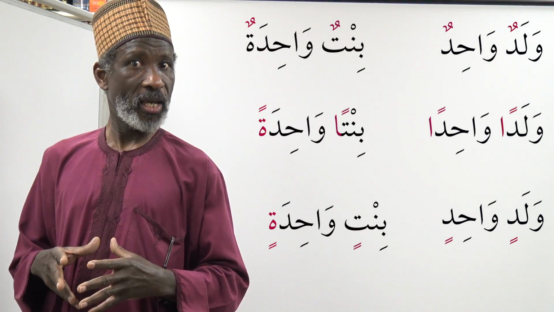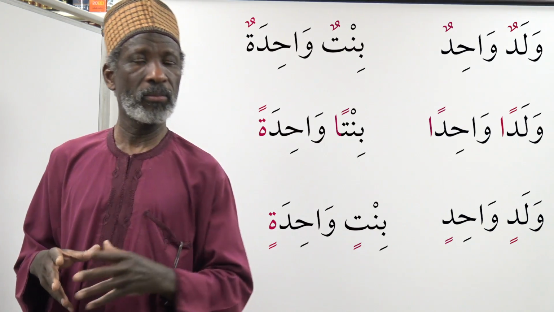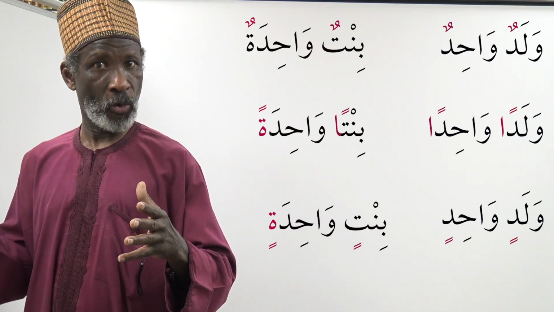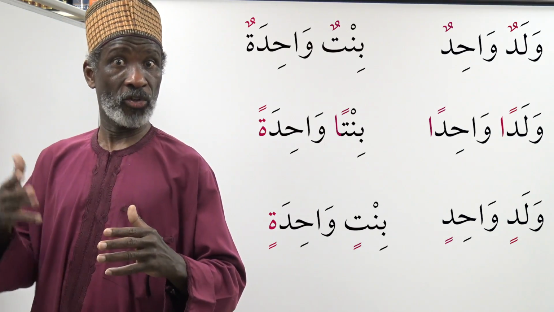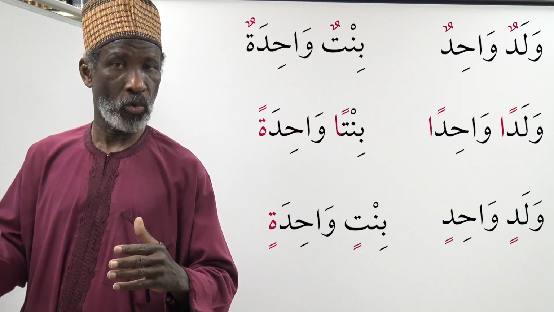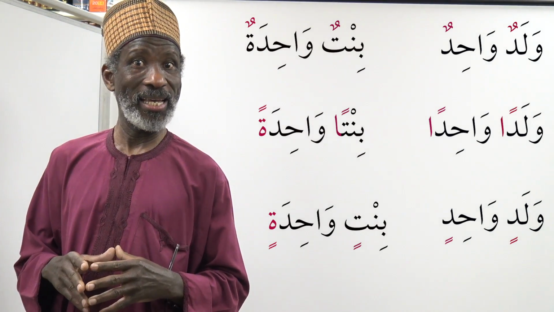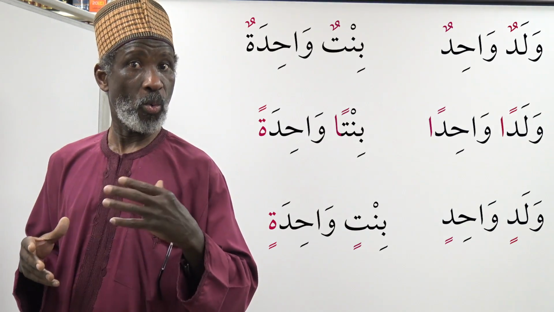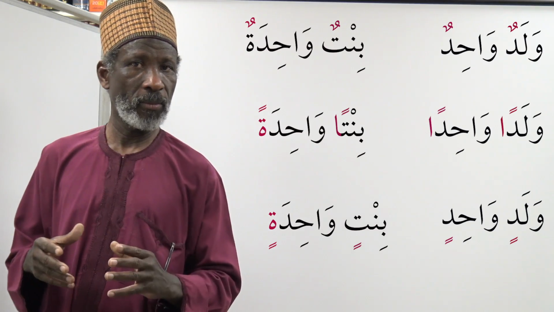If you say bintun, you say wahidatun. But if we say waladan for grammatical reason, like I saw a boy, ra'aytu waladan, the number also must be in accusative as well. Mansub, wahidan. So waladan, wahidan.